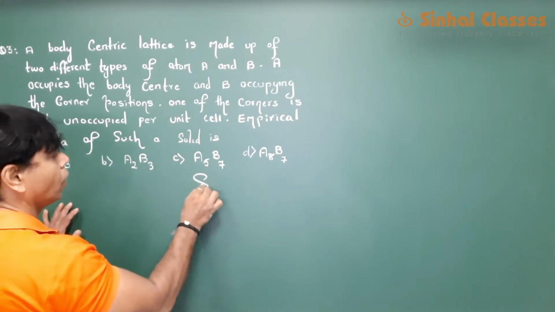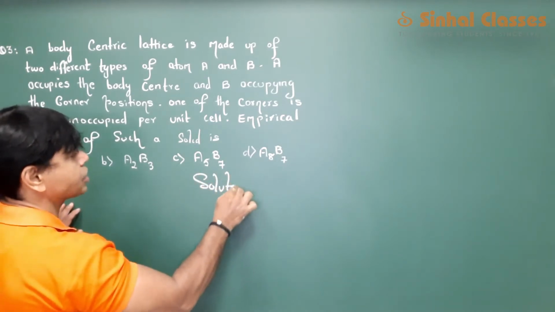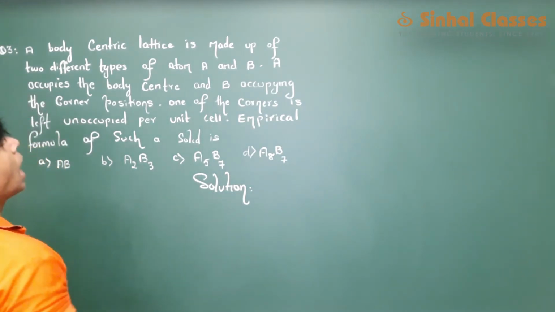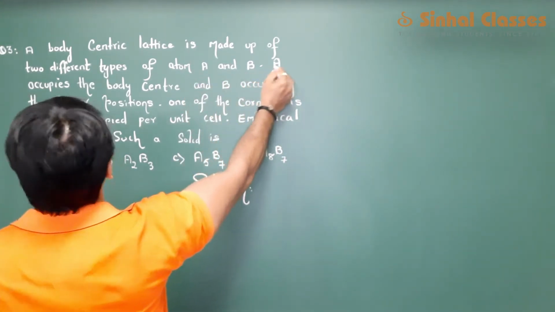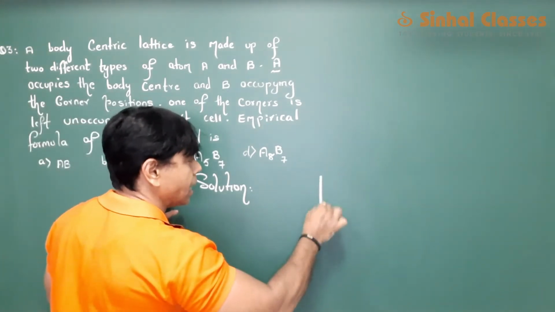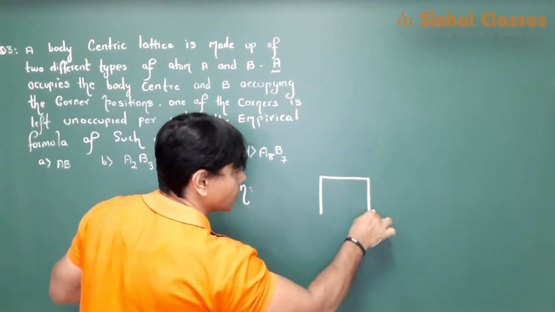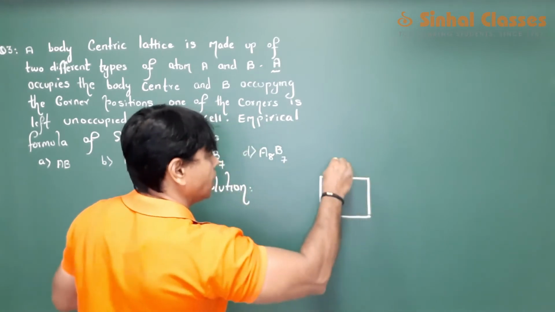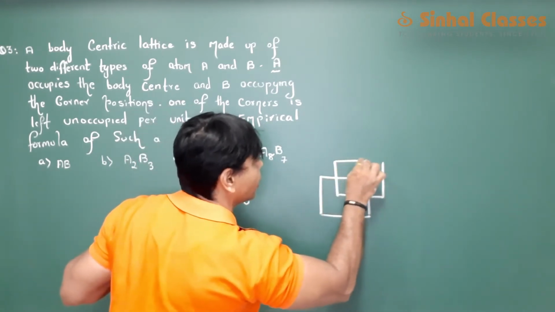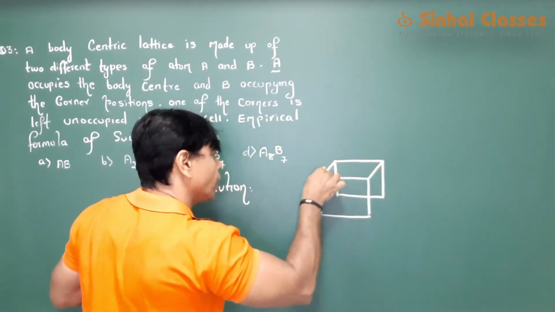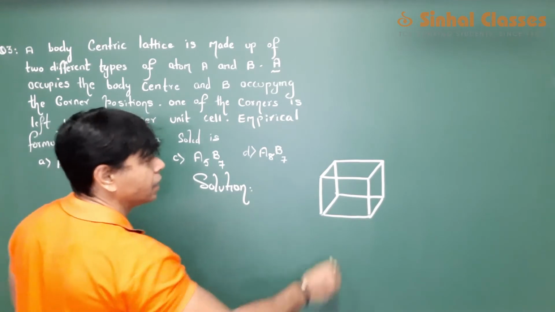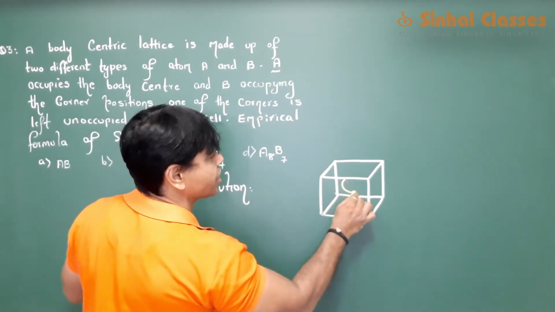Now you notice there are two types of atom, and A is occupying the body center. That means atom A lies in the center.